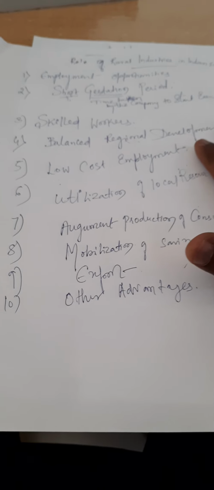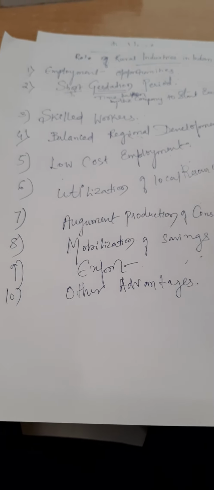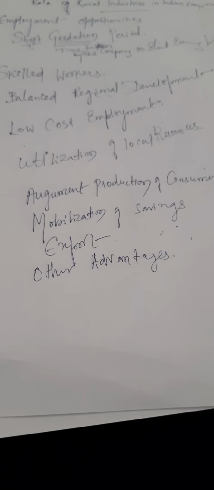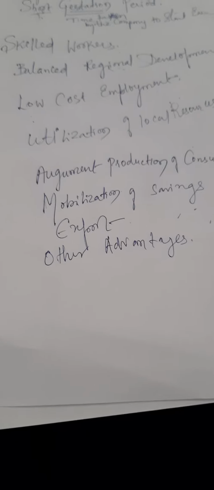Before that, we covered 10 positives or advantages of having rural industries in the country. So these are the two aspects of one topic. In the next session, we will be understanding the measures taken by the government to promote rural industries. Something like what the 5-year plans have done, what the current 5-year plan gives.